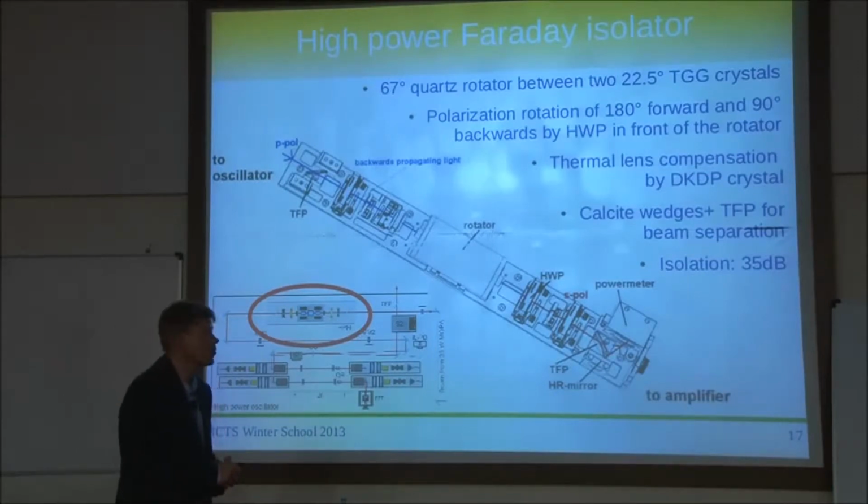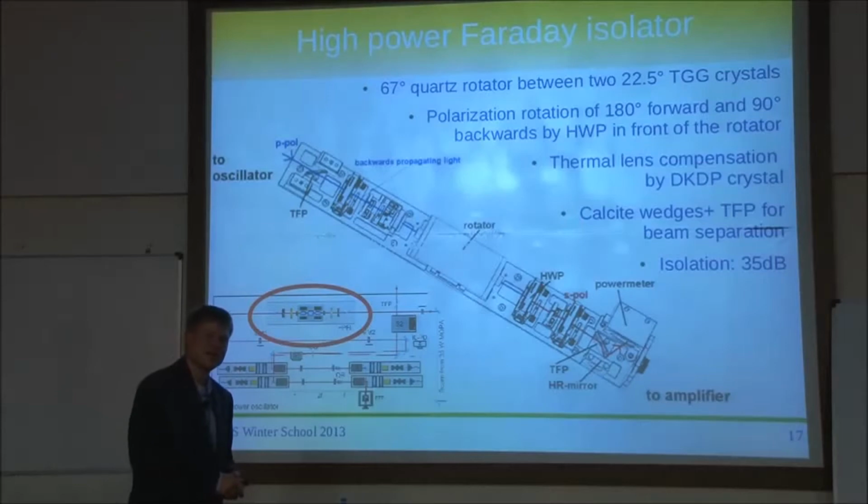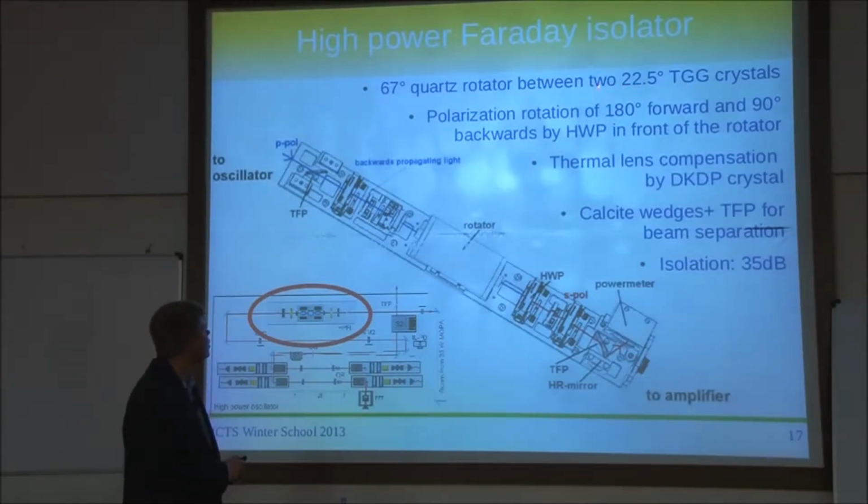So you end up with 67 minus 45, which is 22 degrees for one direction. For the back direction, you rotate the other way, so you have to add the 45 degrees. So you end up with 67 plus 45 degrees, which is 112. So 22 and 112.